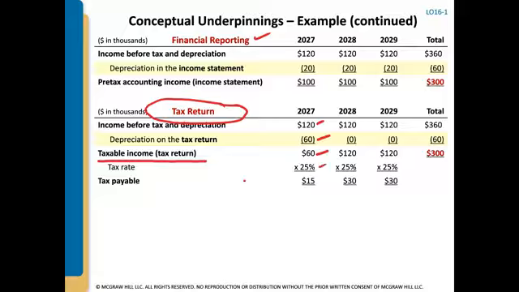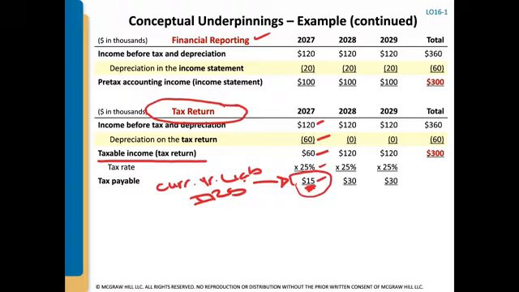Our tax rate in this example is 25%, which means that our tax payable is $15,000. This is the current year liability that we're going to have to pay to the IRS or the states or whatever it is you're calculating for. This is our current income tax payable, this $15,000 right here. Let's just take it further to the other 2 years.